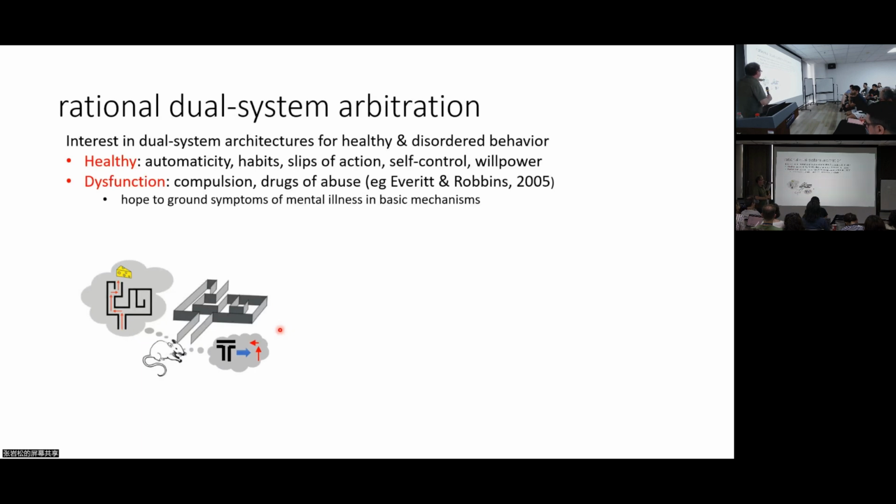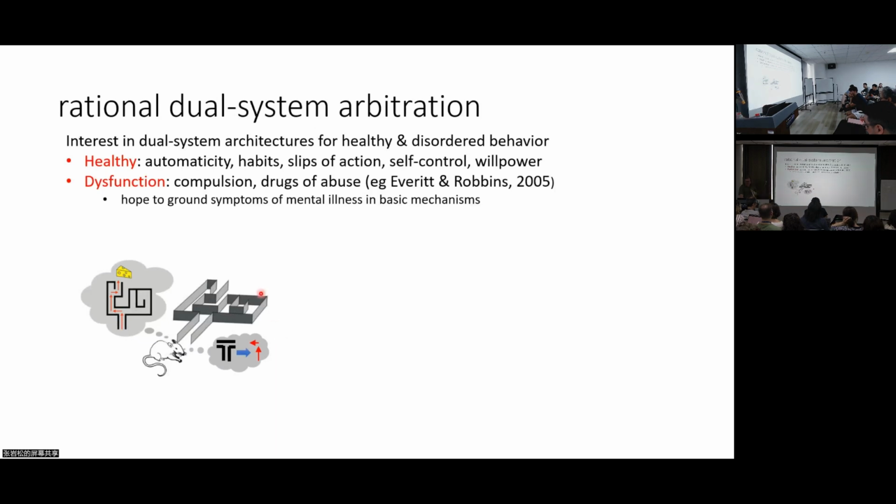They don't have a mapping from those symptoms onto what they call the etiology, the tissue that's causing it. And so what Everitt and Robbins had hoped was that these experiments showing a dichotomy between a more habitual system and a more deliberative, goal-directed system might help to think about why people will take drugs that they know are bad for them, right?